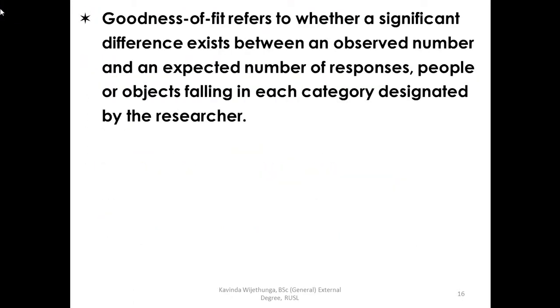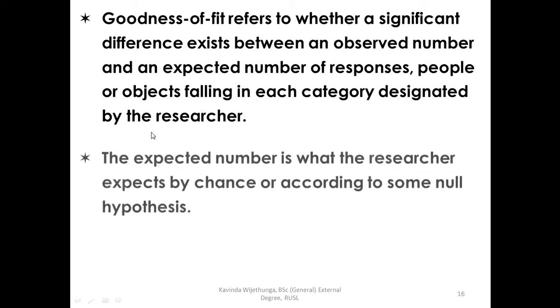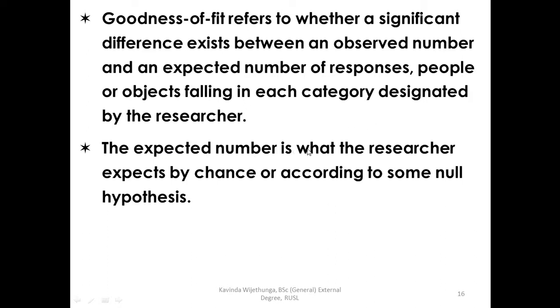Goodness of fit refers to whether a significant difference exists between the observed number and expected number of responses, people or objects falling in each category designated by the researcher. The expected number is what the researcher expects by chance or according to some null hypothesis. So that is the expected value.